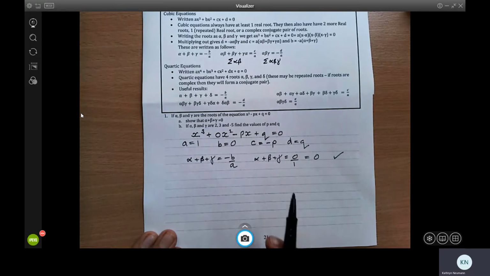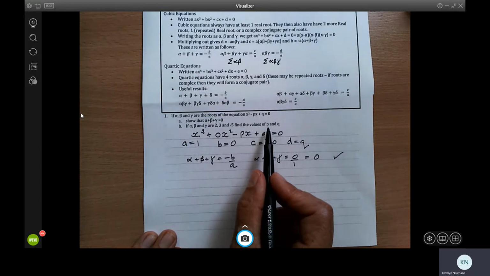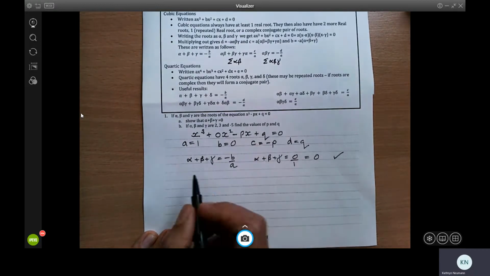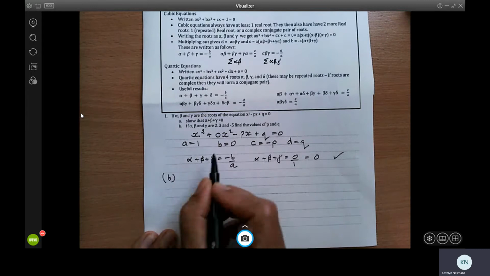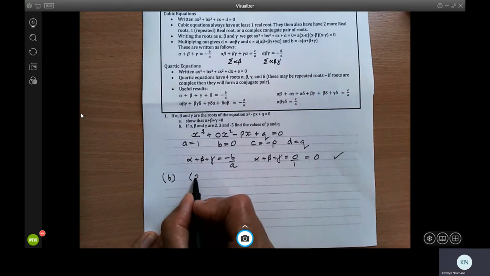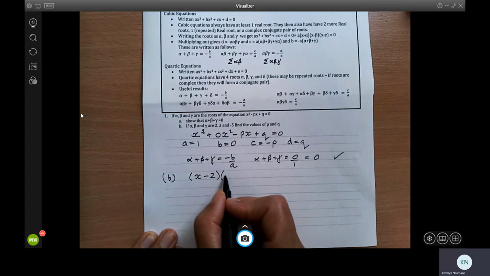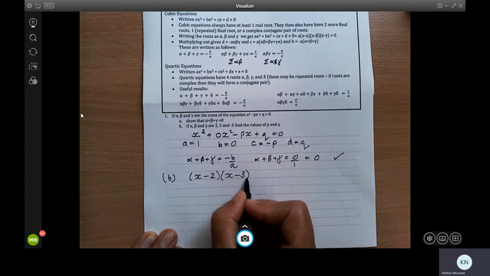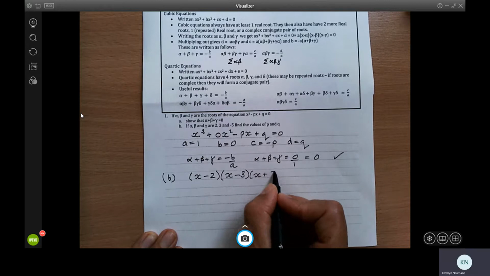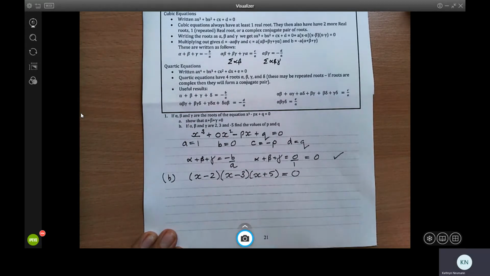Now, let's have a look at the next section. It says, if those are the roots, find the values of p and q. We could write the equation out with those roots in and multiply everything out. So if these are the roots, then we've got x minus 2, x minus 3, x plus 5 as the three brackets, and we could multiply all of that out, and that would give us p and q.